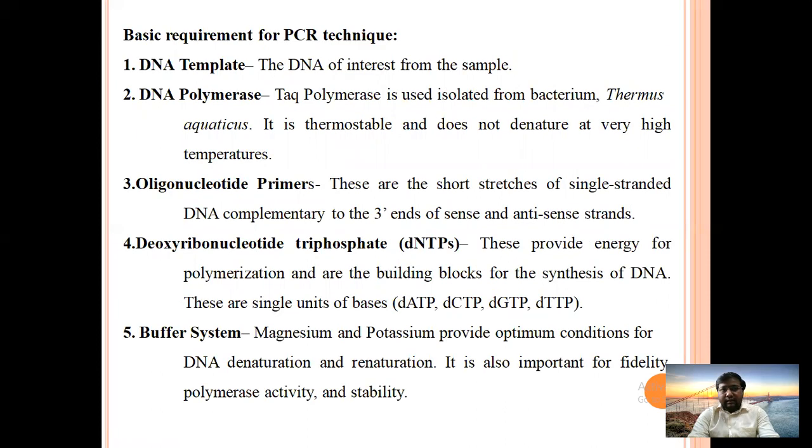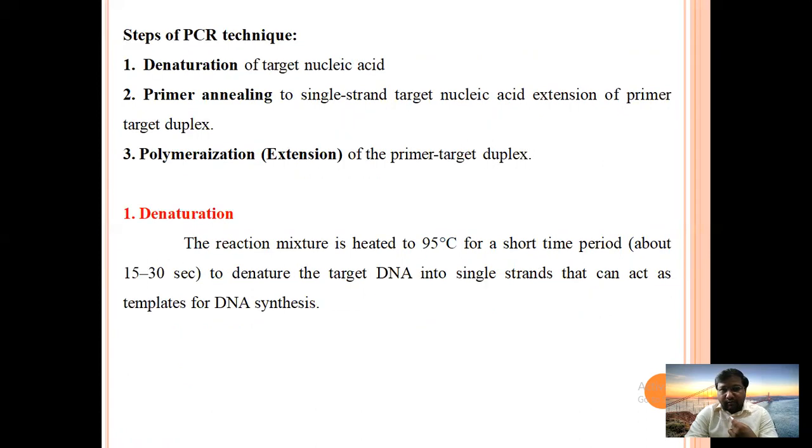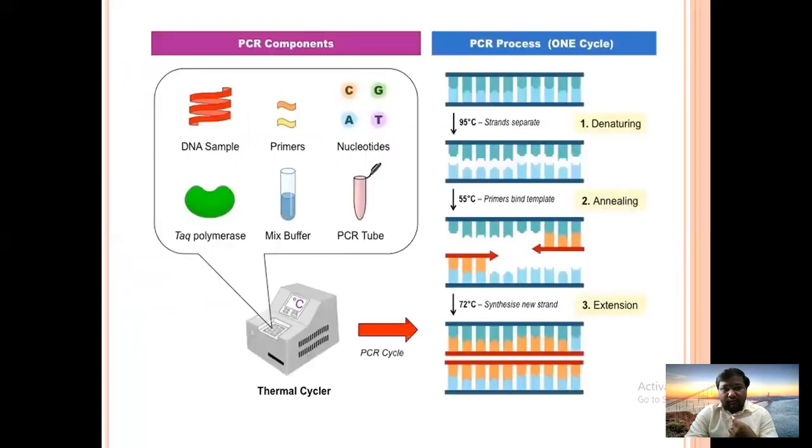So these are the basic requirements for the PCR technique: DNA template, Taq DNA polymerase, oligonucleotide primers, dNTPs, and buffer system. Then this PCR technique is completed in three different steps: denaturation, primer annealing, and polymerization.